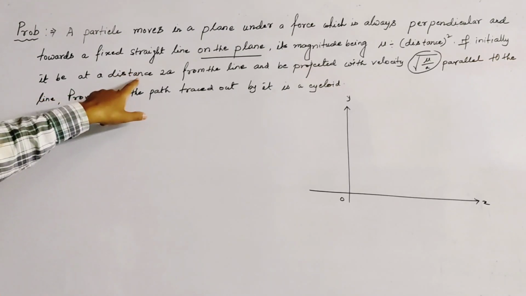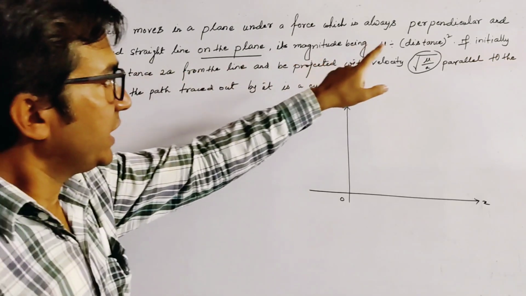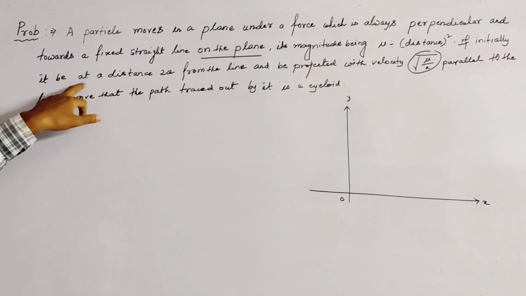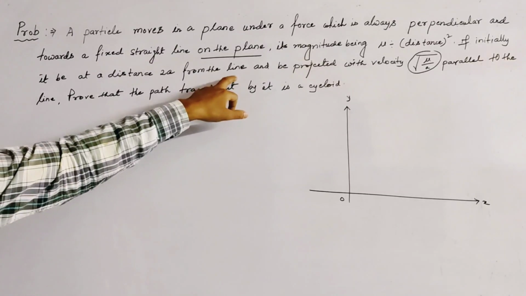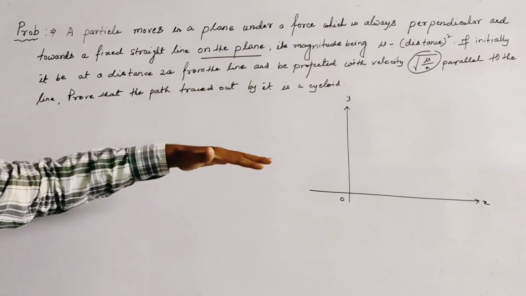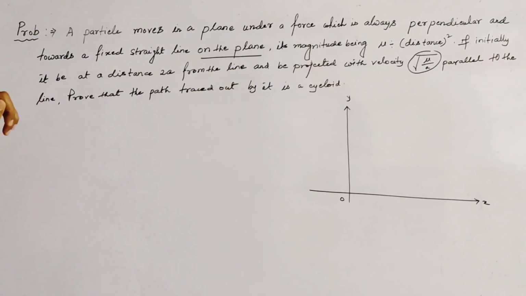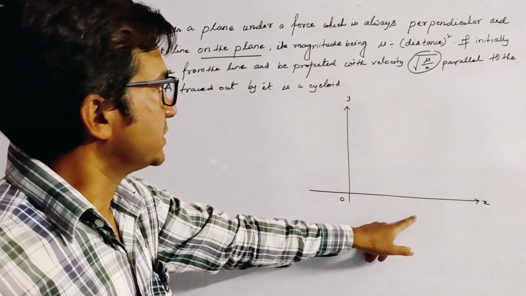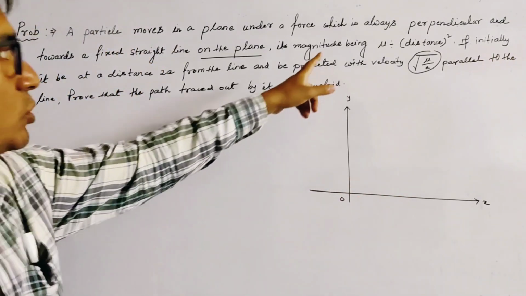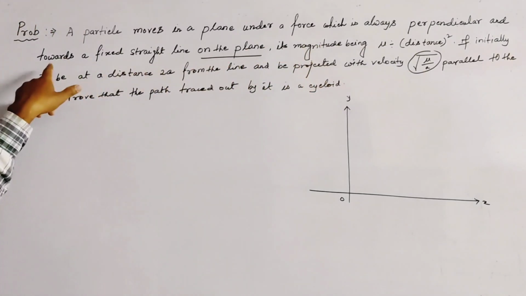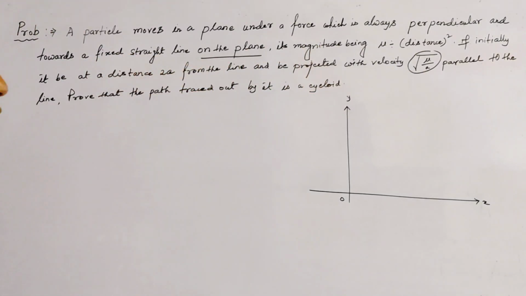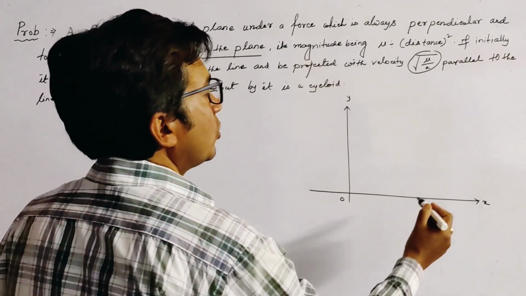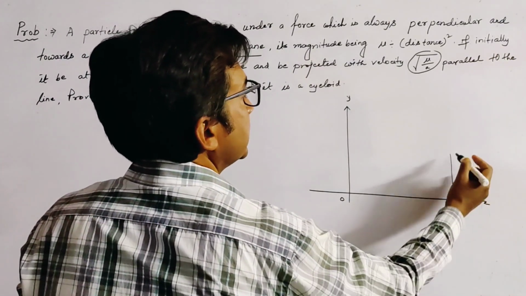Here it says that initially it is at a distance 2a from the line, meaning the line of x-axis, because the force is always perpendicular and towards the fixed straight line.